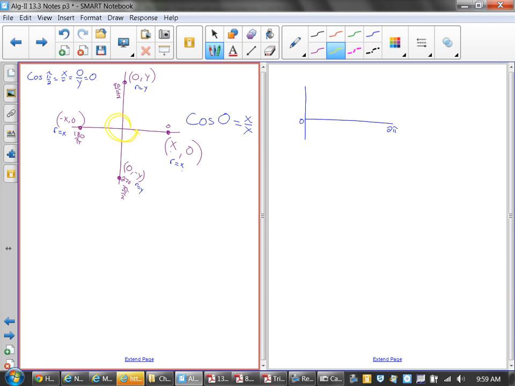This is kind of like getting you guys the idea of where we're going with these things. If I'm starting my value at 0, I can plot it at 1. And then as I go through that, when I got to 90, it was at 0. If I get to pi, or excuse me, 180, it was at -1.